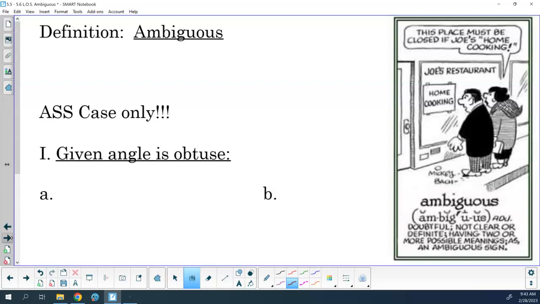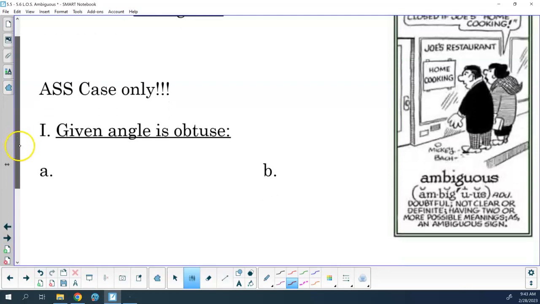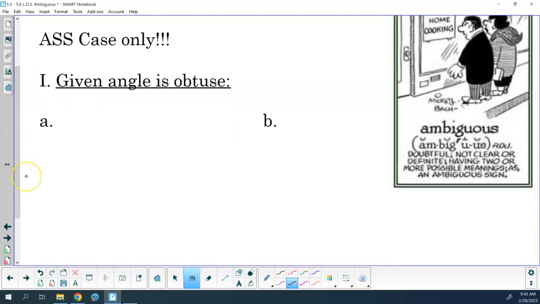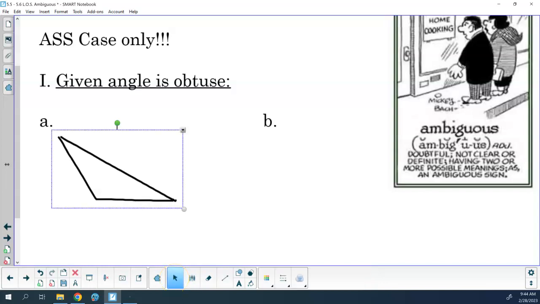So, given the fact that you have an angle side side case, which means you're only given one angle. So let me draw one in here.